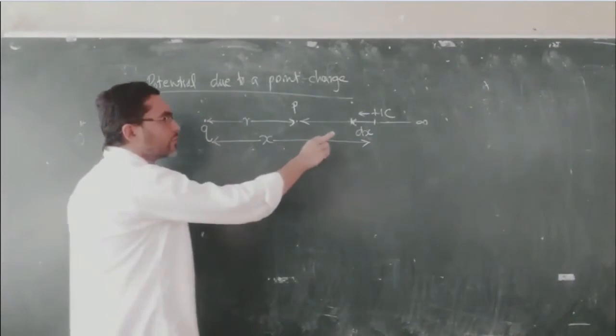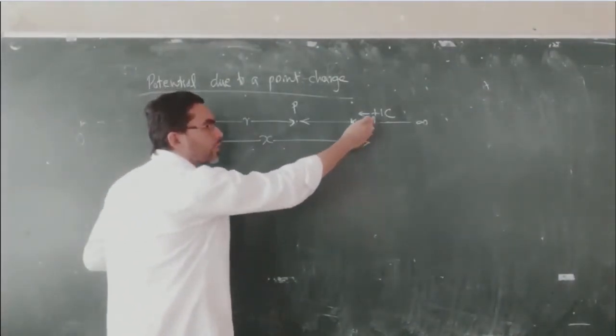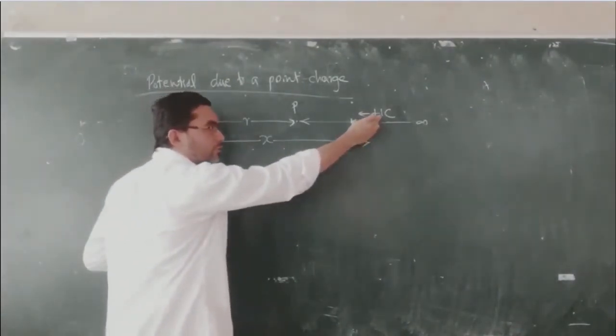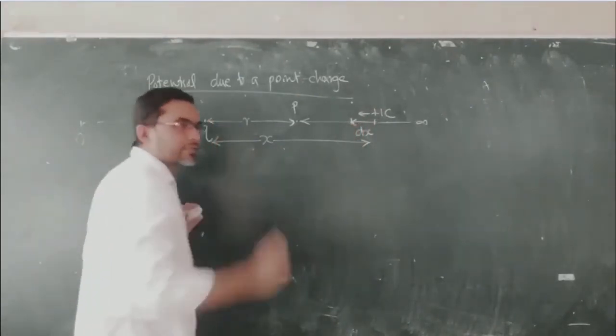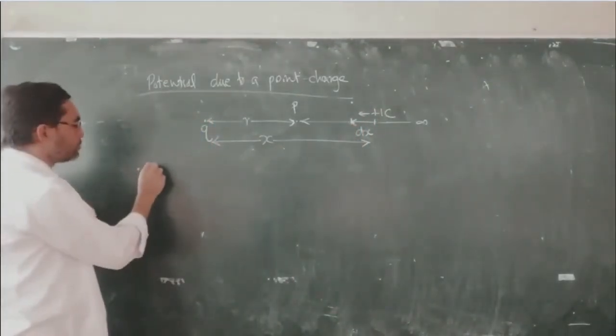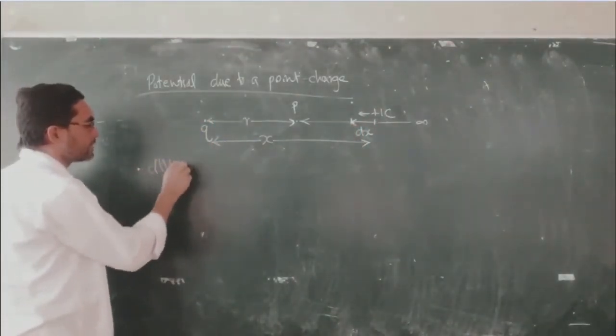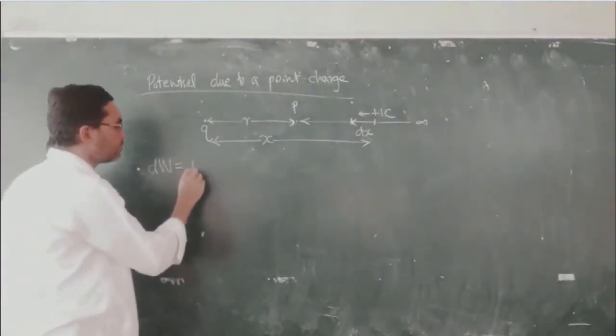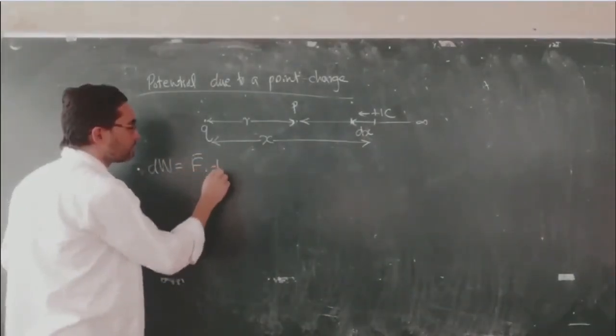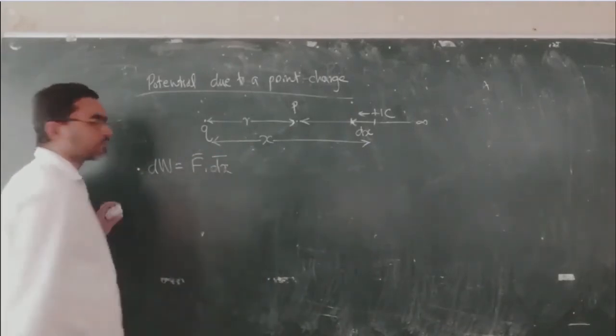In order to move the +1 coulomb charge through that elementary distance dx, you have to do some external work, that is dW is equal to F dot dx.